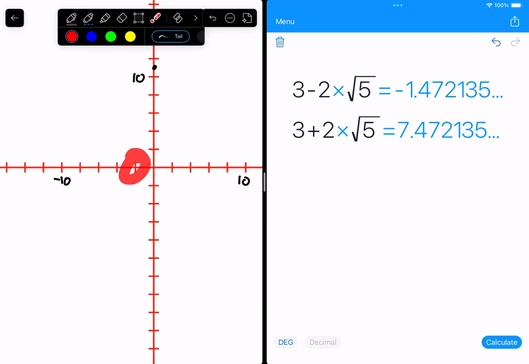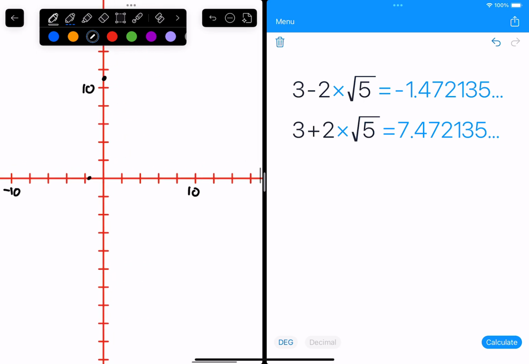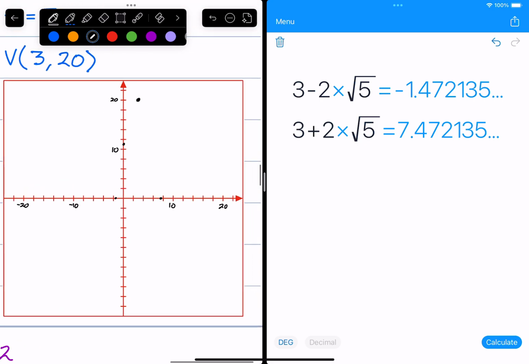So I made these go up in twos. So 1 would be here. So 1.5 is about here. And 7.47 is approximately 7.5. 2, 4, 6. So 2, 4, 6. And 7.5 is approximately here.